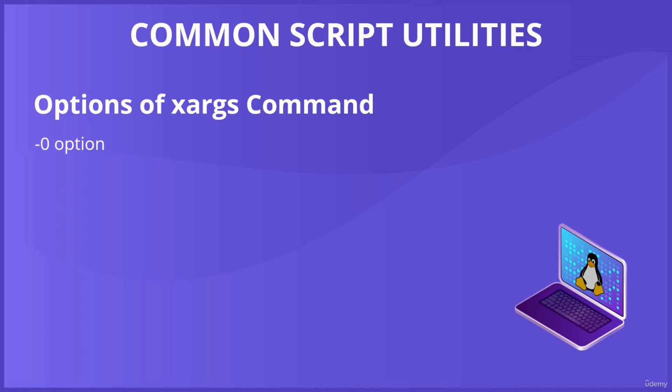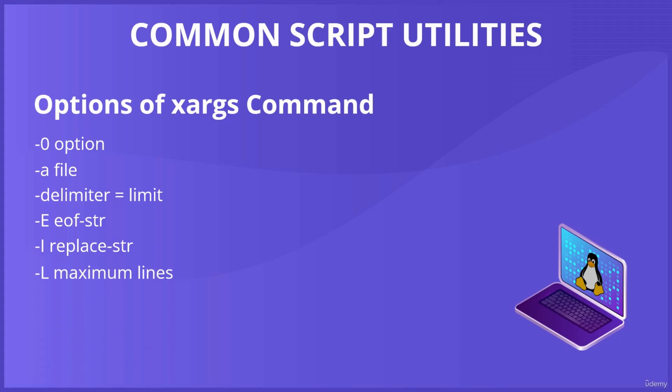-0. This is going to mean that input items are terminated with a null character instead of a space. -a file means read items from the file instead of standard input. --delimiter=delim means input elements are terminated with a special character. -E EOF-STR means set the end of the string file to EOF-STR. -I replace-STR means replace occurrences of replace-STR in first arguments with names read from the standard input. -L max-lines.